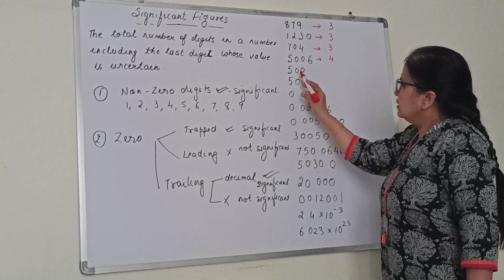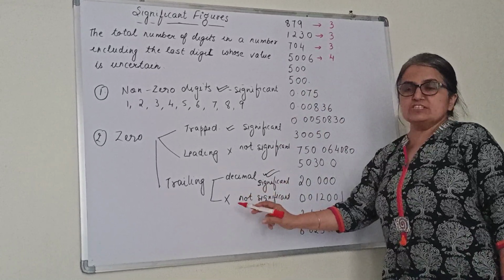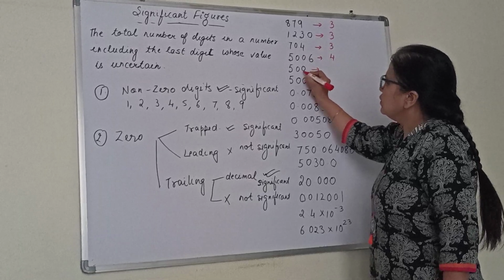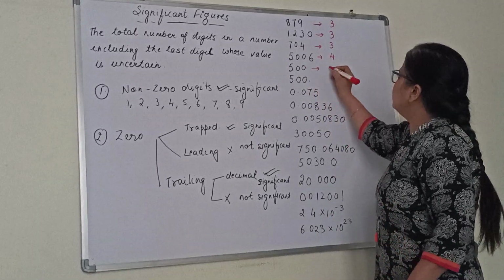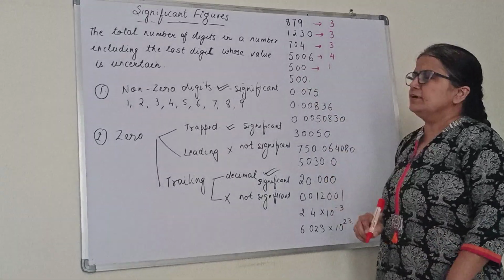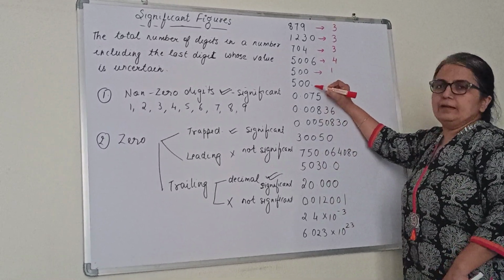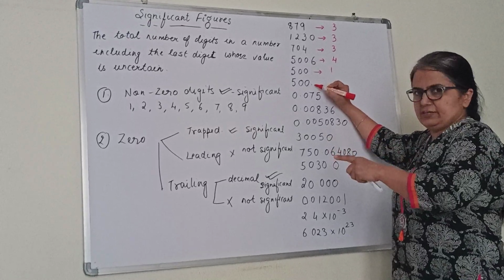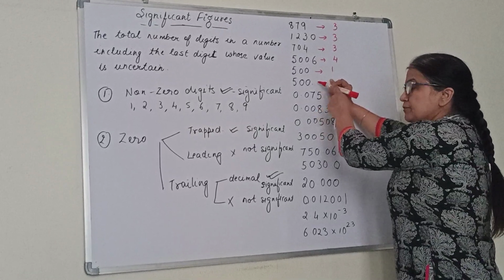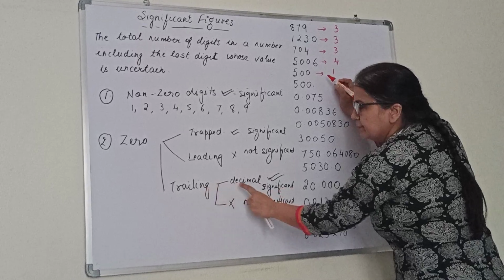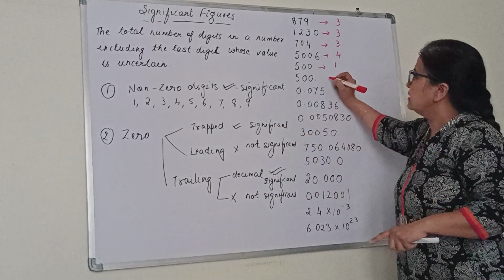This example, they are trailing zeros, no decimal. So these zeros will not be significant. Only 1 significant figure is there, that is 5. Next one, there is a decimal, 500 point is given. If there is a decimal, trailing zeros will be significant.